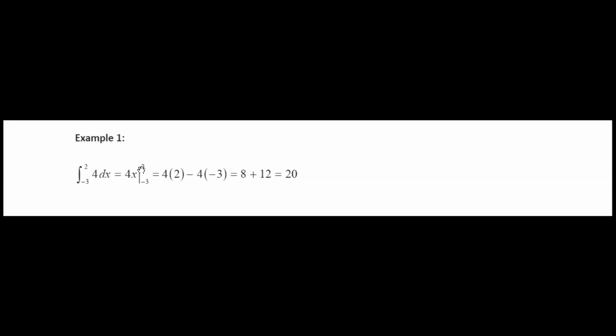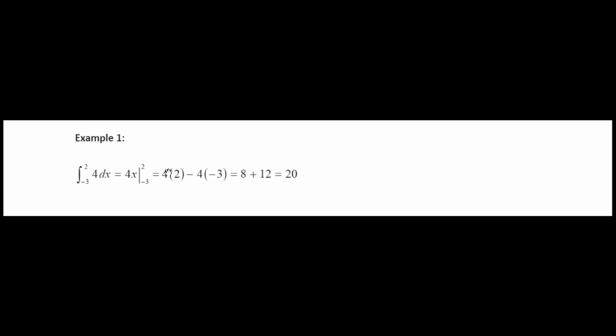Now, this is my capital F of x, and what the fundamental theorem says to do is evaluate this when you put in 2. So that's what we do. 4x when you put in 2 gives you 4 times 2, and 4x when you put in -3 gives you 4 times -3, and it's the difference of those two.